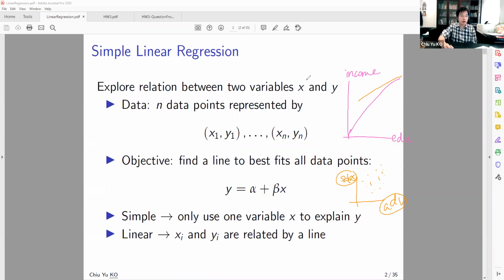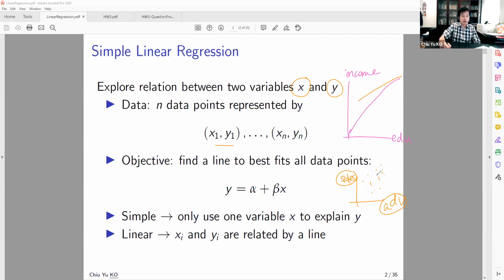So what we have is to explore the relationship between two things, X and Y, and the data exists in pairs, right? Maybe this is one observation. This is one single person where we look at his income and his education, so it's a paired one, so you cannot swap, right?